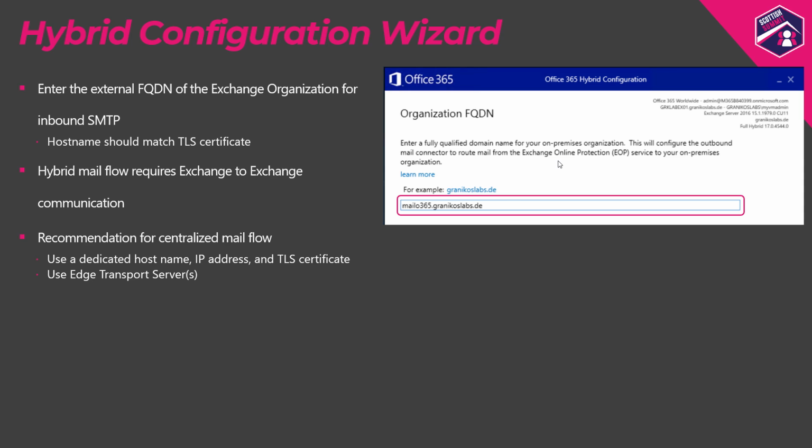This is a direct Exchange to Exchange communication. So the host name of the inbound SMTP connector should match your TLS certificate, and it is recommended that you use a dedicated host name and dedicated IP address for this connection.